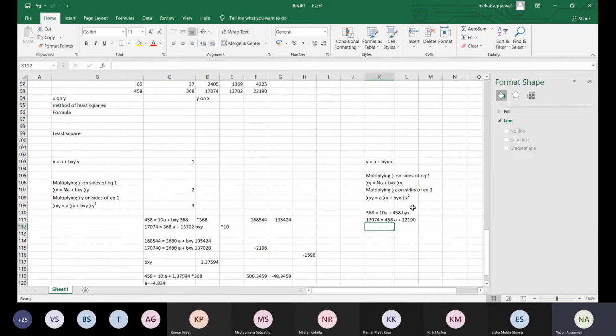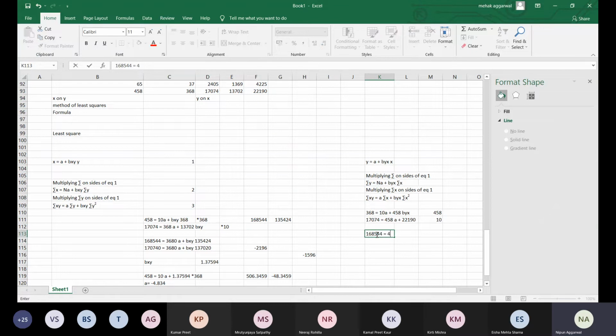Now you have to make the coefficients the same. You multiply this equation with 458 and this equation with 10. So after multiplying 368 with 458, it comes out to be 168544.